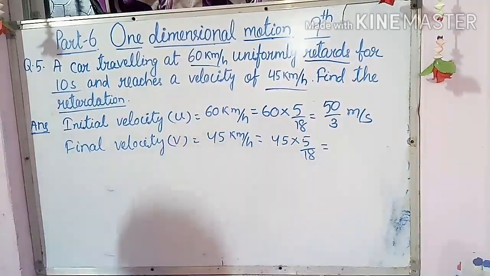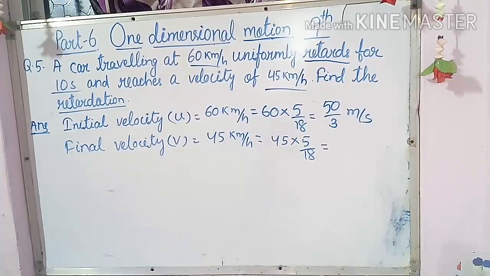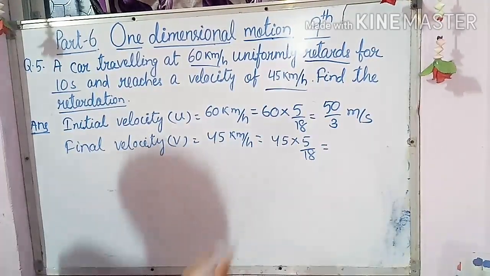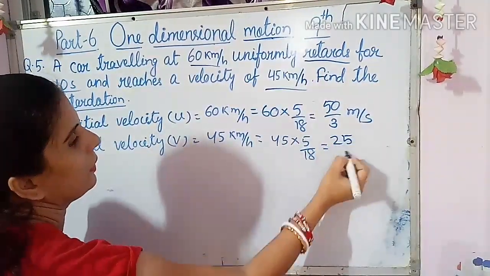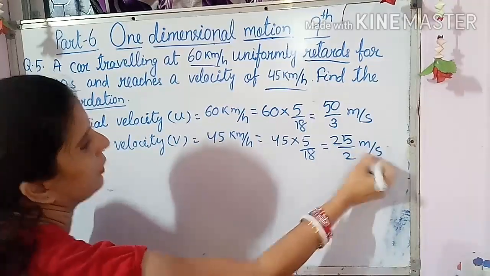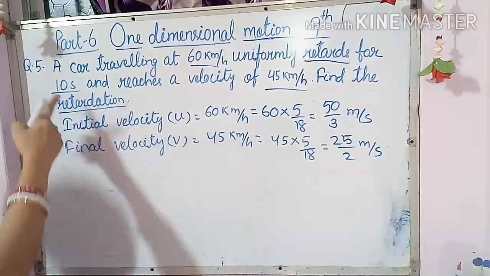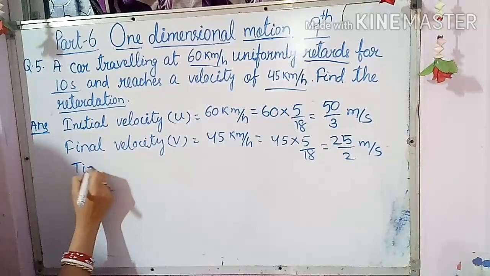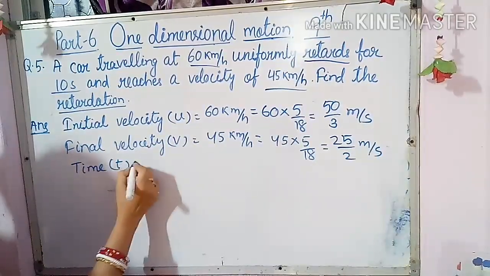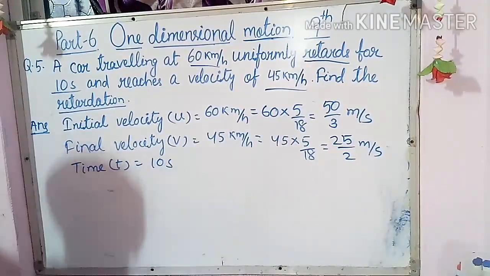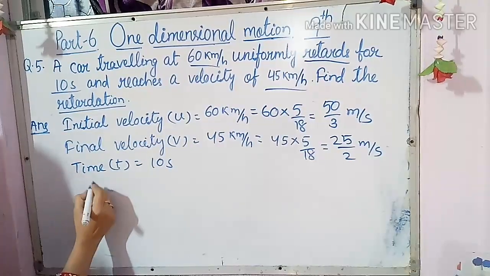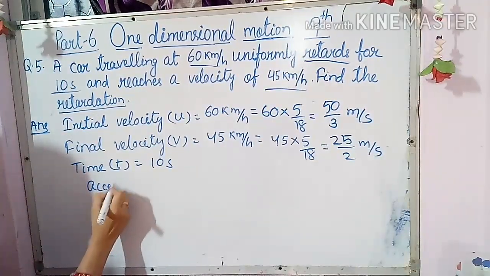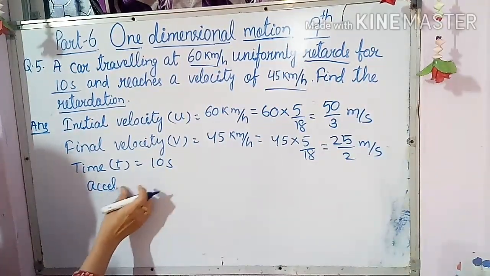Now on calculating, you will get 25 by 2 meter per second. Now what is the time taken? Time t equal to 10 seconds. So what is asking? Retardation, means you can directly write also acceleration, and you will get it in the negative.